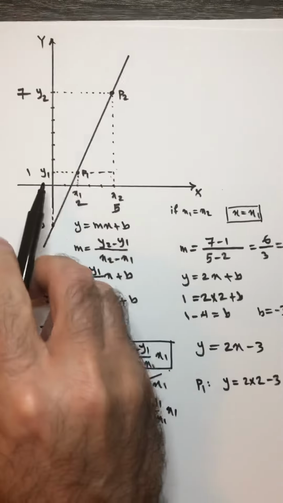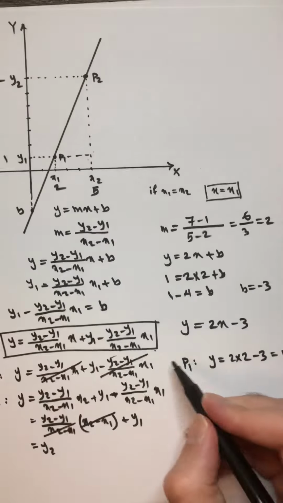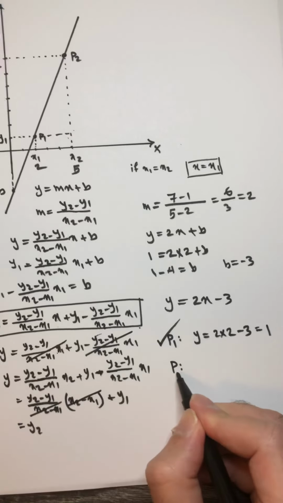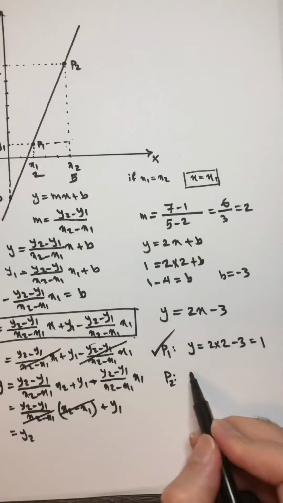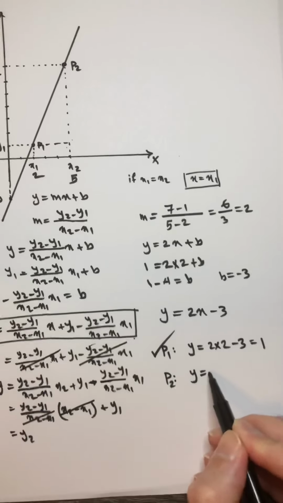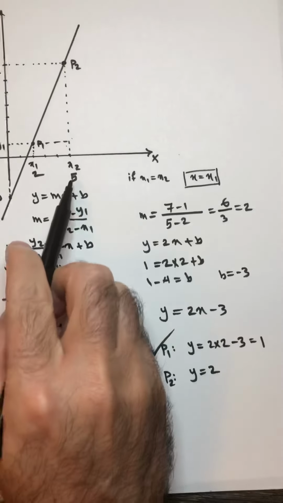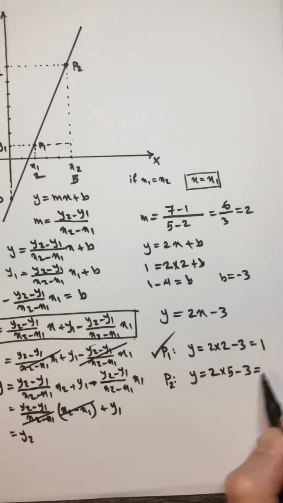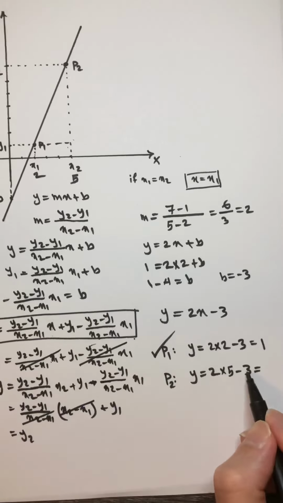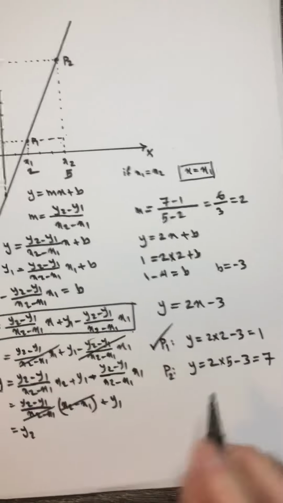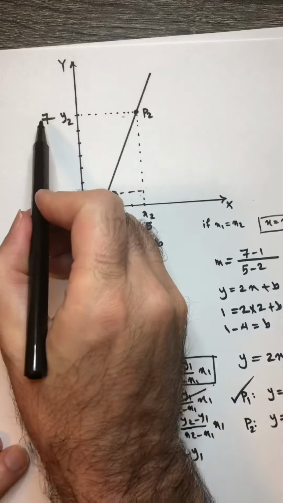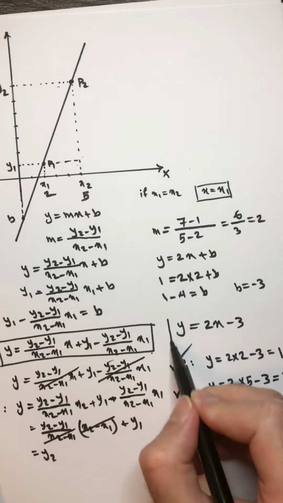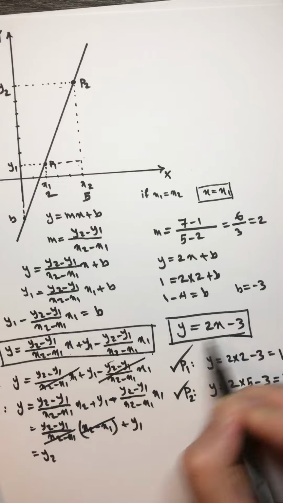And the y-coordinate for P1 is 1. So for P1, it's checked. Next, we need to check that P2 also lies on this line. For P2, y equals 2 times x2, and x2 is 5, minus 3 equals, this is 10 minus 3, which is 7. And the y-coordinate for P2 is 7. So this is checked. Therefore, the equation that we found is the correct equation.